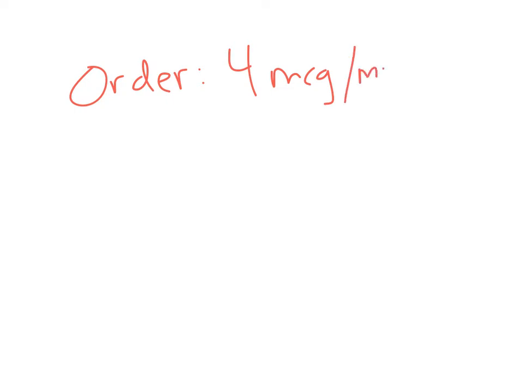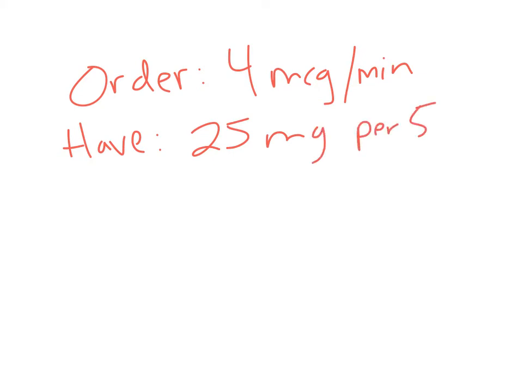Let's say we've ordered, how about 4 micrograms per minute. Once again, just looking at kind of the same idea here. And we have a medication that is 25 milligrams per 500 milliliters.